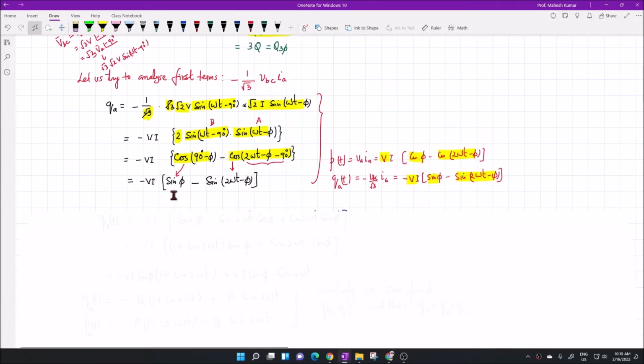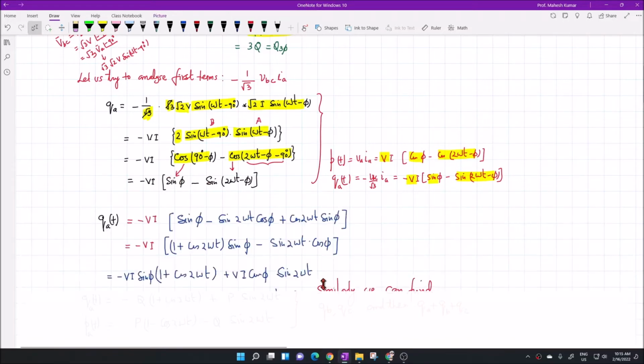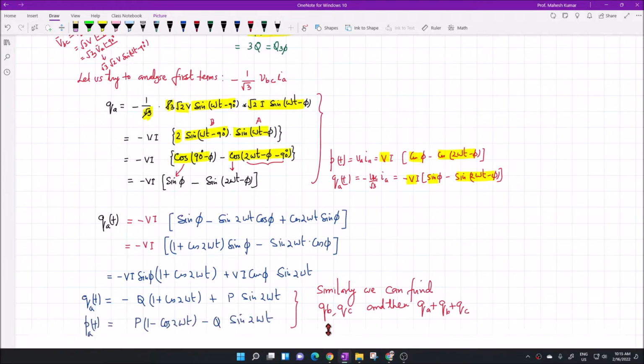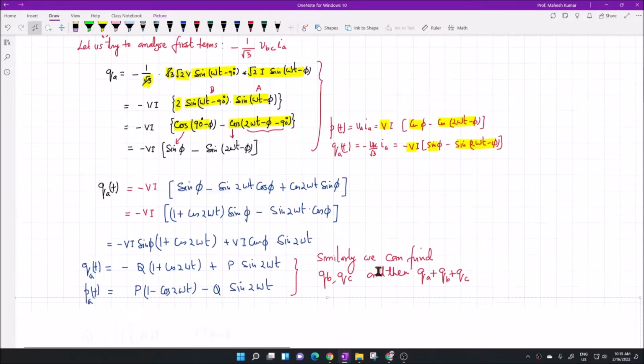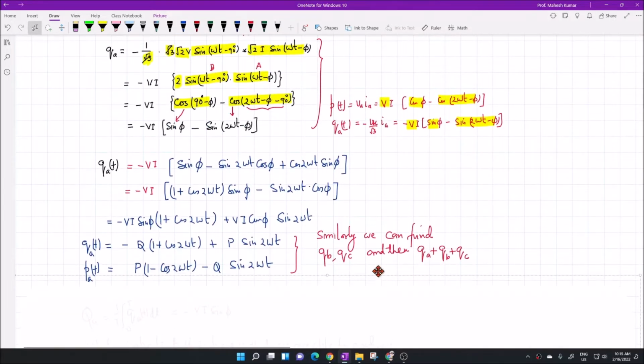We will again expand this term and see how it constitutes in terms of the coefficient of sine phi and cos phi. Then we can find that QA is nothing but sine phi; expand this series here, sine(A minus B) becomes sine A cos B minus cos A sine B.